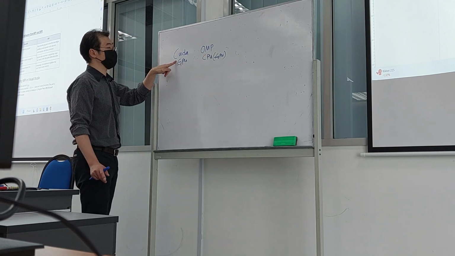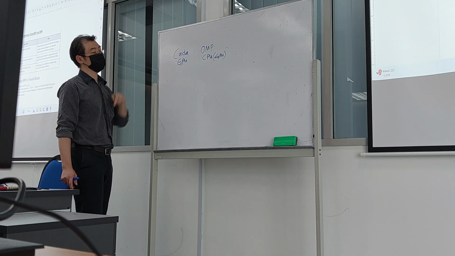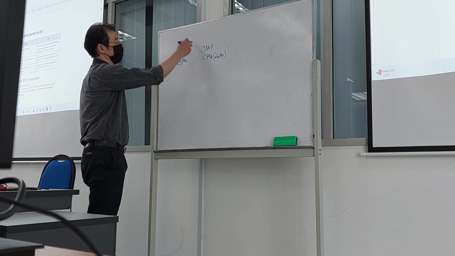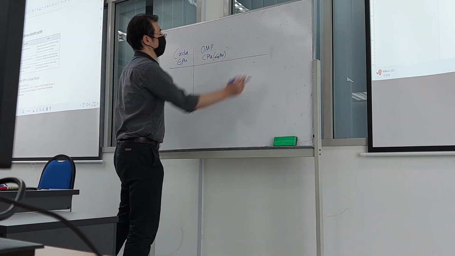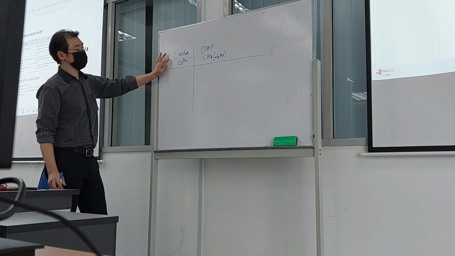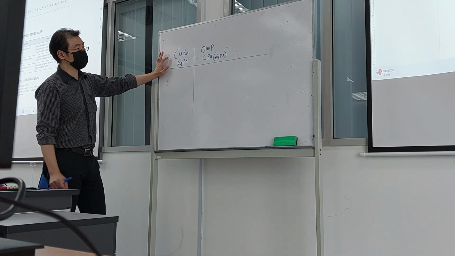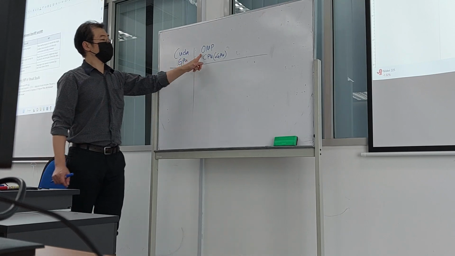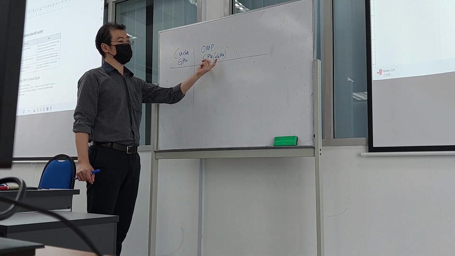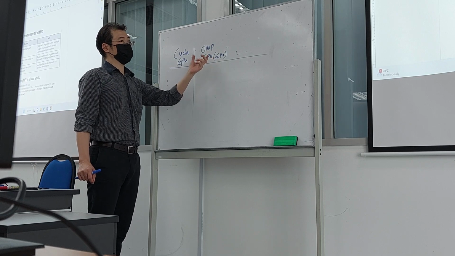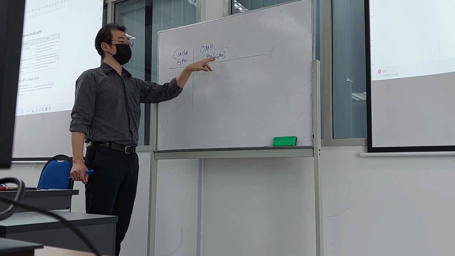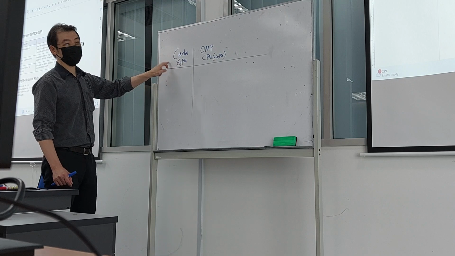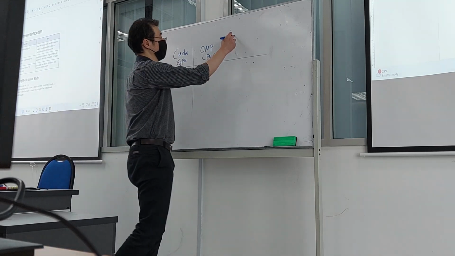If you use CUDA, it only supports NVIDIA, so that is a disadvantage. But the advantage of CUDA is you have better control, because it can go very low level. With OMP you might not be able to go too low level. Let's say you want to do some tweaking; you might not be able to do it using OMP, but you might be able to do it using CUDA.